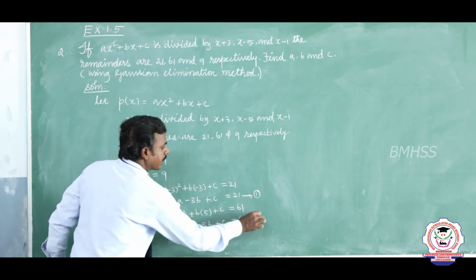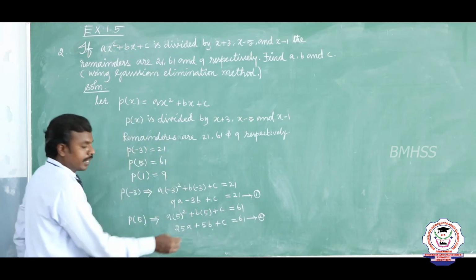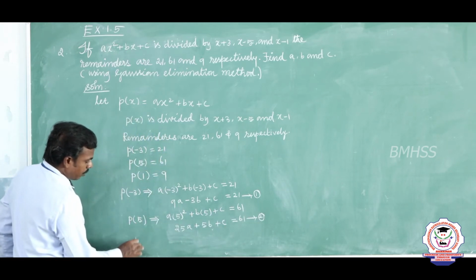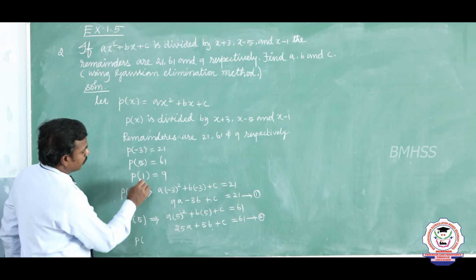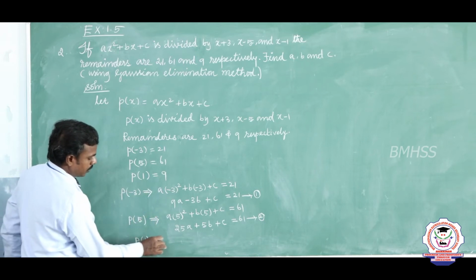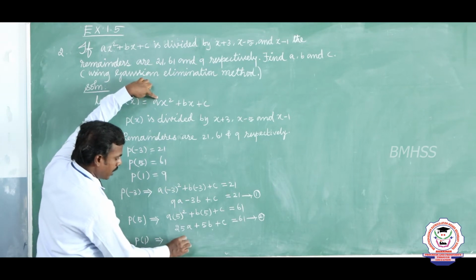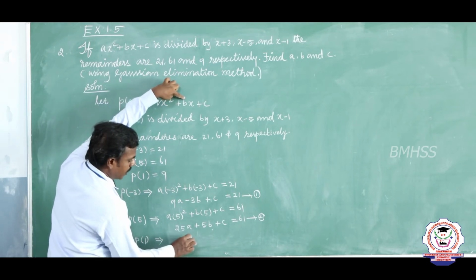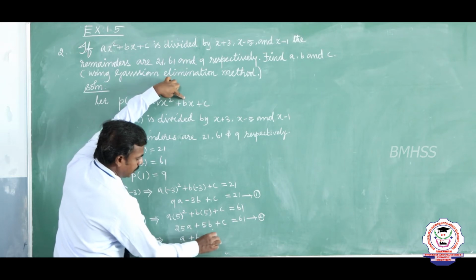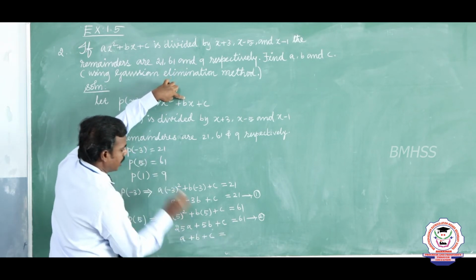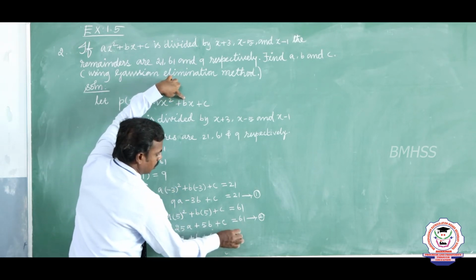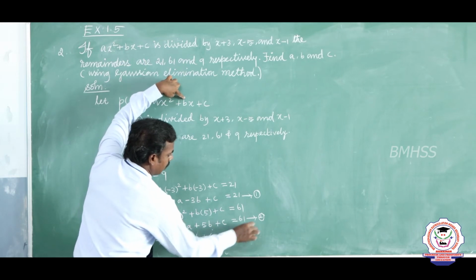This is the second equation. Listen, next I am going to find the third equation, p of plus 1. In the given equation, a into 1 square is a, plus b into 1 is b, plus c equal to the remainder, 9. This is the third equation.